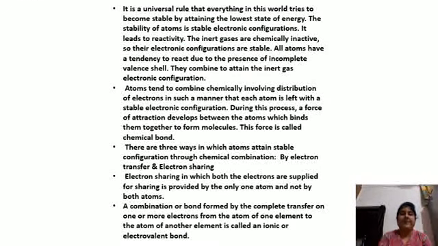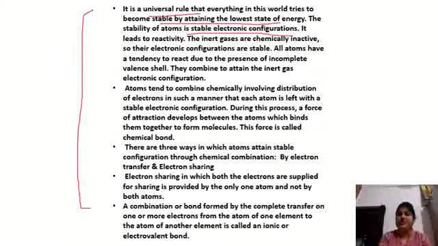Now what I explained you till now, this is a summary of this. First one is universal rule to get stable. ठीक है, what we require? Stable electronic configuration. That means in outermost shell it will have 8 electrons, yani octet complete, but in case of hydrogen and helium it will complete its duplet, attain the nearest electronic configuration.